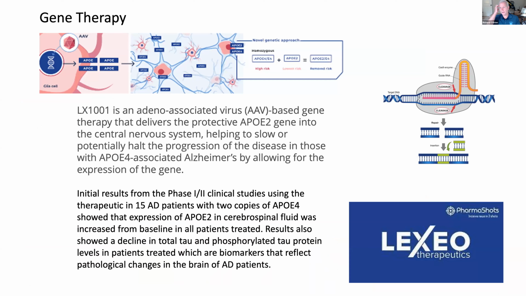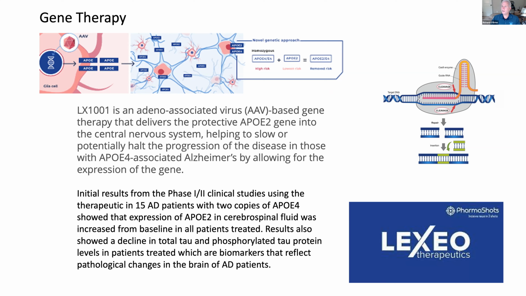So now we're in the phase of gene therapy too. And Kim and Andy are investigating whether Duke can be part of this study. This is a study of an adenovirus injected into the CSF that is just going to be done in patients who are homozygous for E4, and using CRISPR-Cas9 technology changes the E4s into E2s.